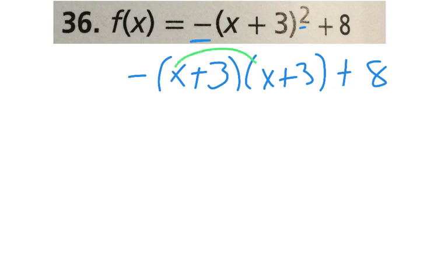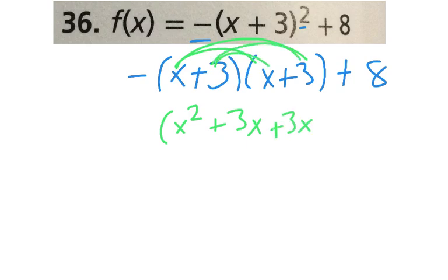Next, distribute. X times x is x squared. X times 3 is 3x. 3 times x is 3x. 3 times 3 is 9, not 6. Bring down the plus 8.